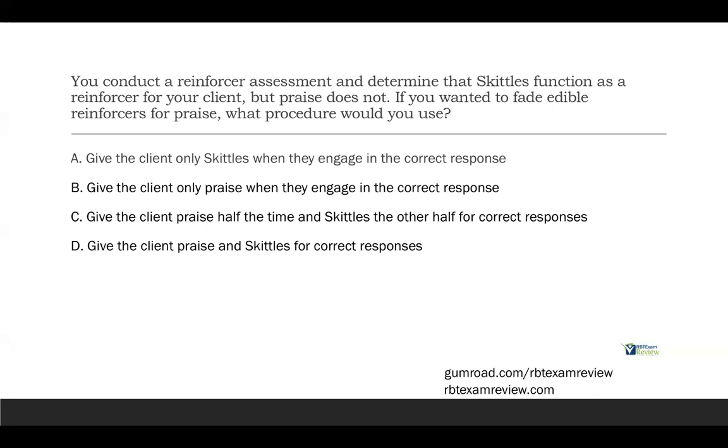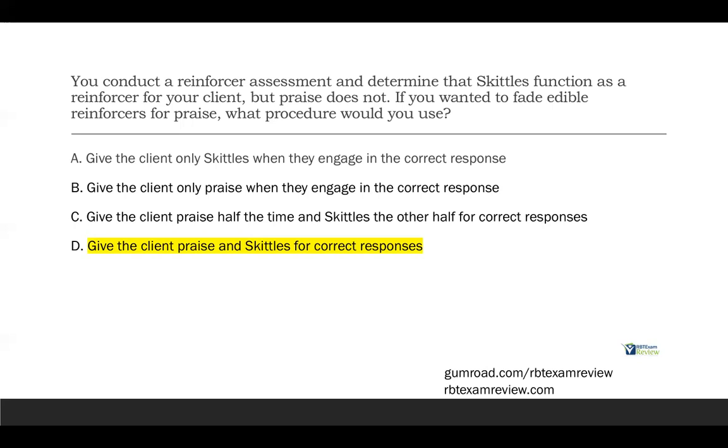Remember, we have our unconditioned primary reinforcers, and then we have our conditioned reinforcers. Conditioned reinforcers are created by pairing a neutral stimulus with unconditioned reinforcers. So if we want to establish praise, we need to pair praise with things that are already reinforcing to give it reinforcing properties. So to fade edibles for praise, you would have to give them both at the same time and establish praise as a reinforcer.